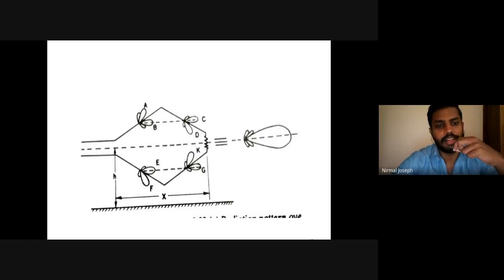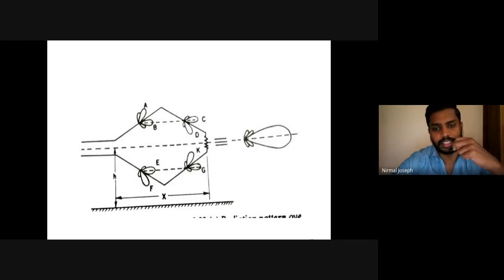So while we are taking the resultant, or while we are arranging the antennas in this manner, these individual radiation patterns will be added up. So this and this will get cancelled. But what about these two, here and here? They are in the same direction, and thus they will add up. So in short, we can say that these B, C, E, and G, these four will add up together, and this A, D, K, and F, all these lobes will be cancelled.